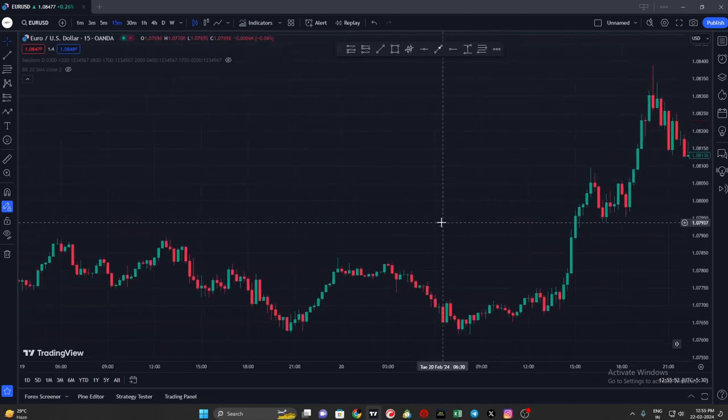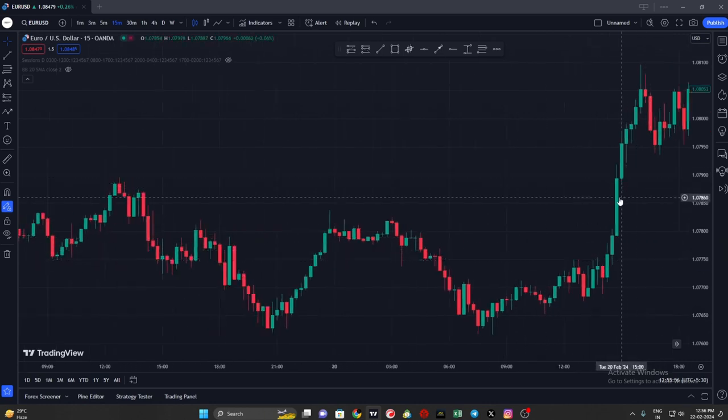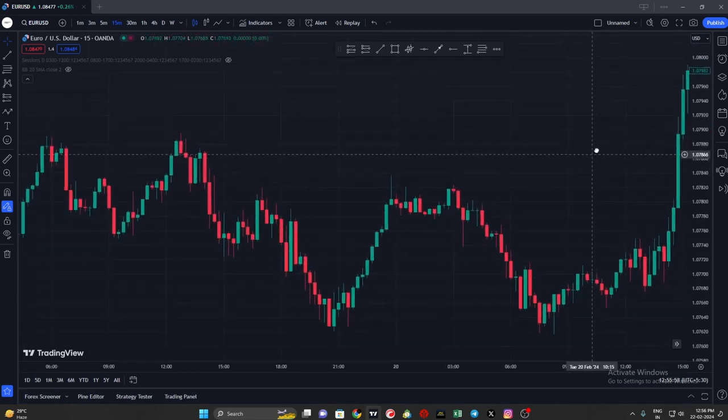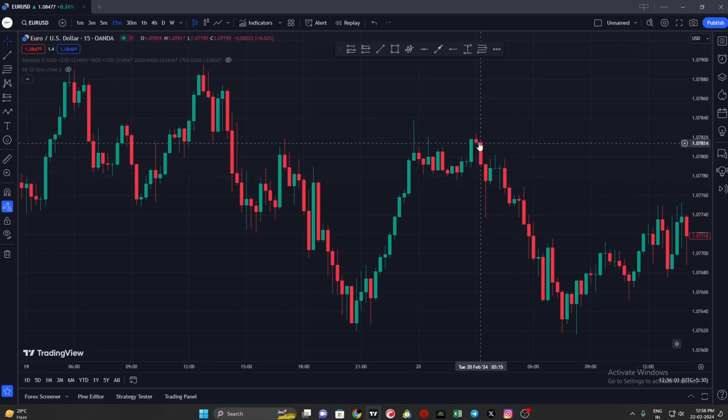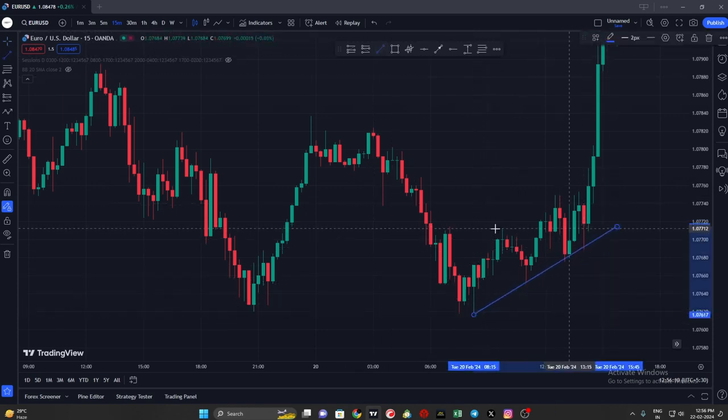Okay, so here you can see very clearly that, just imagine that you have not seen this side. All right, so now what you are seeing is that price made a very good drop. All right, and then price is making a base here. You can see base. Let me draw it.